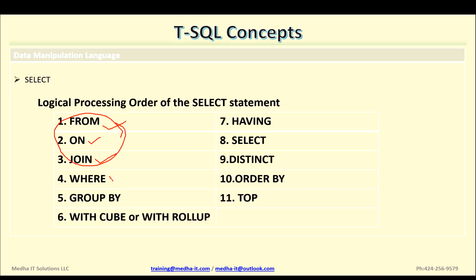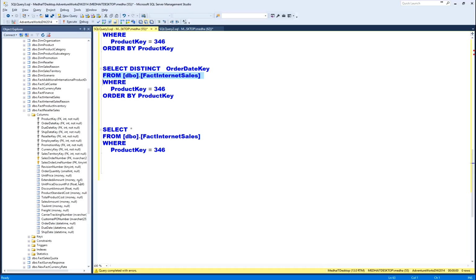Then it looks at the where condition. So in my select statement, what is the filtering criteria? That means I know that I need to get the data from fact internet sales. Now what data do I want to get? Let's say there are a million records, or in this case there were 60,000 records.